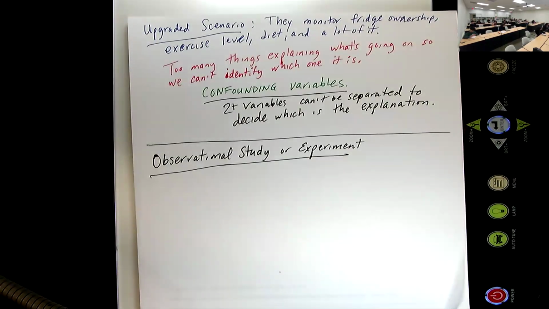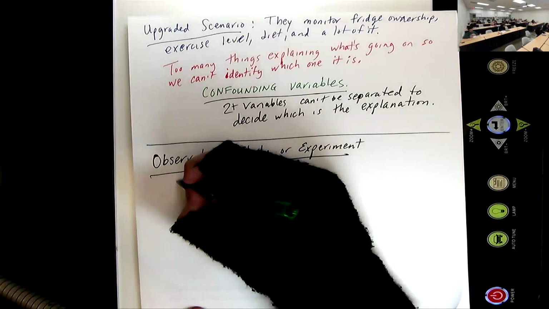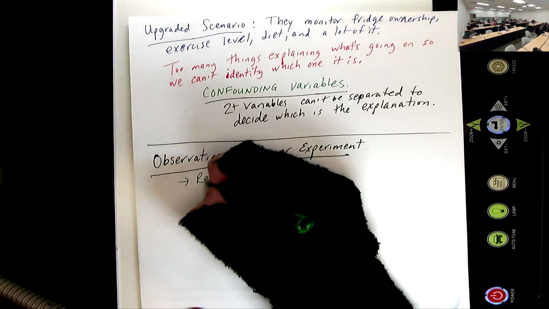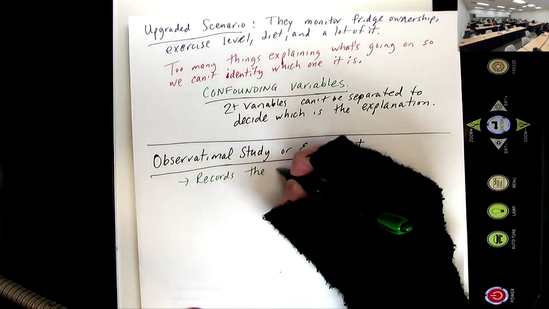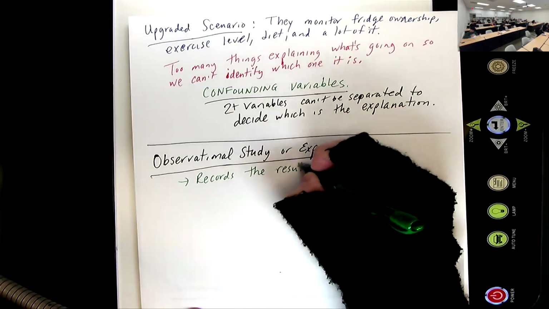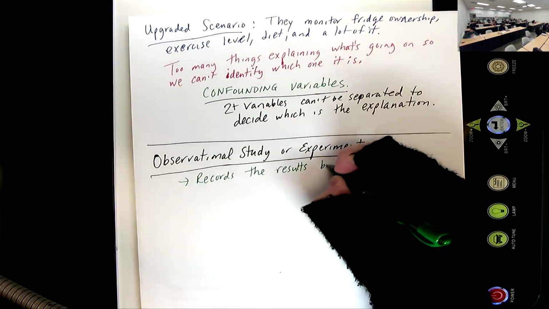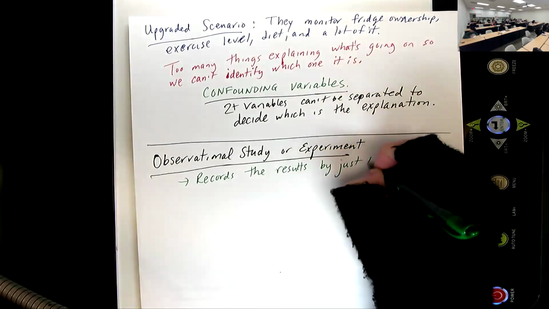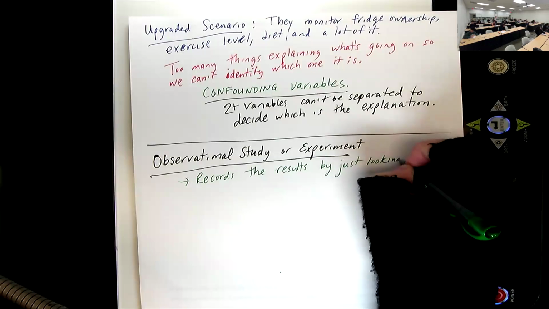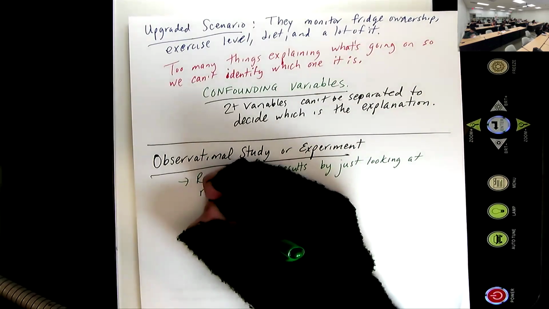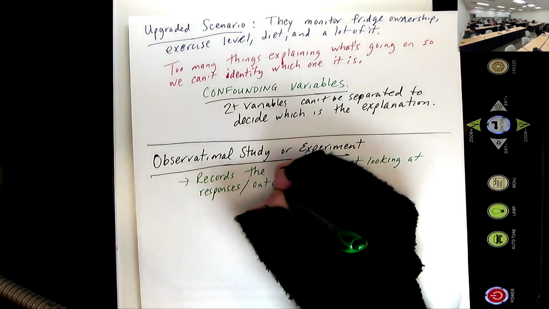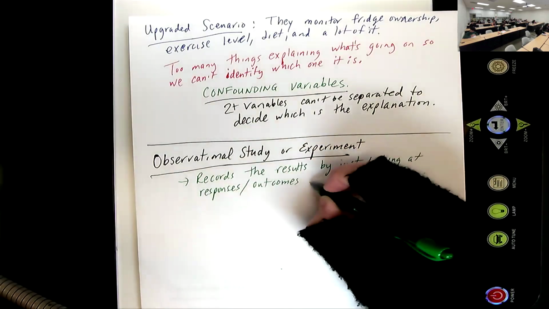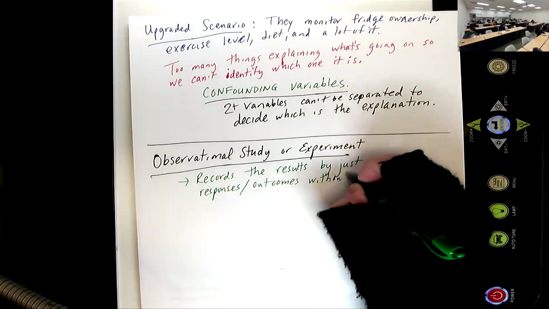So an observational study or experiment records the results by just looking at responses or outcomes without trying to influence the outcome.